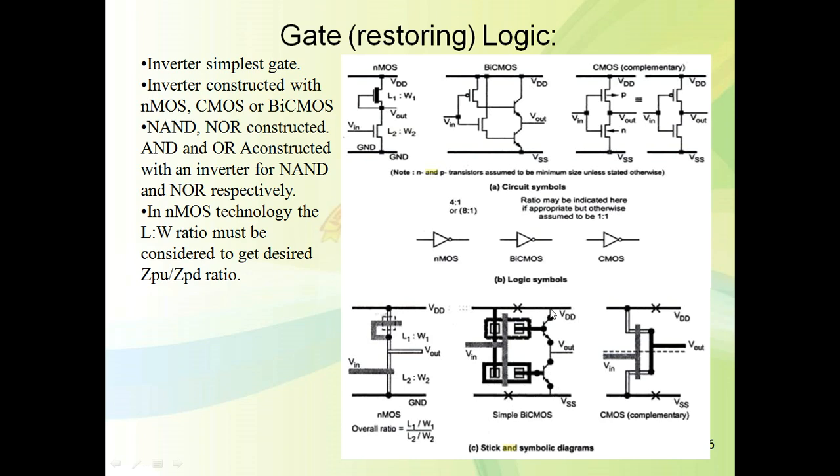Okay, this is the stick diagram for the BiCMOS inverter. It has a P type transistor and an N type transistor. In the same way as in the CMOS technology, we draw a demarcation line. Above the demarcation line you form the P type transistor, below it you form the N type transistor. VDD is connected to both drains, and VSS to the sources of both transistors.